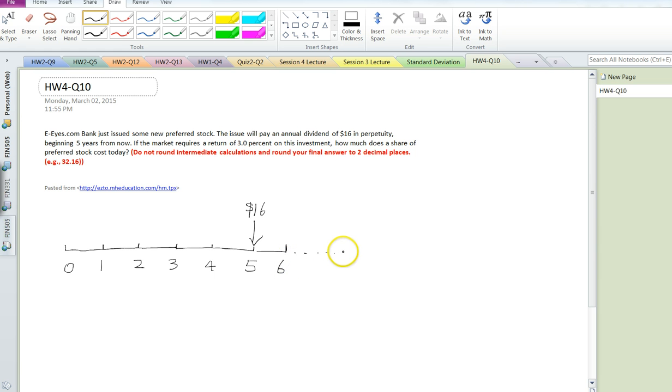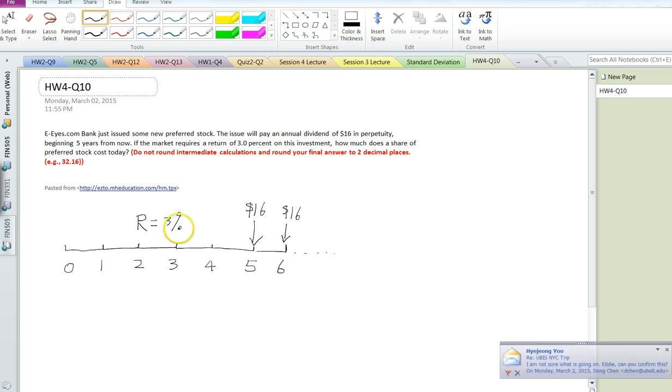Because we have a perpetuity, we have preferred stock, and preferred stock doesn't have a maturity date, so this potentially can continue forever. And given the expected return or required return, given the risk of the preferred stock, it's 3%.